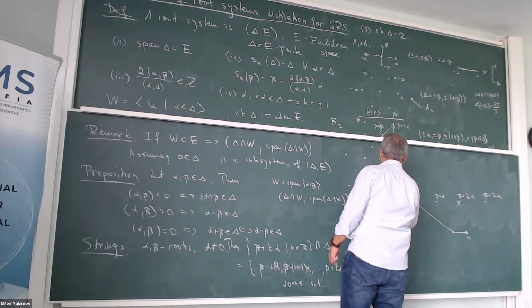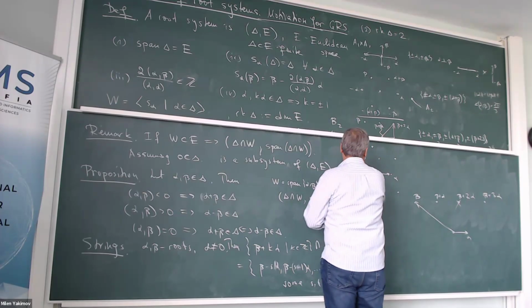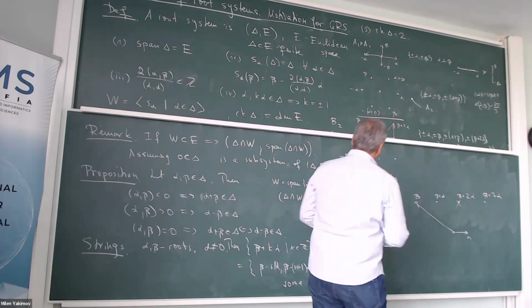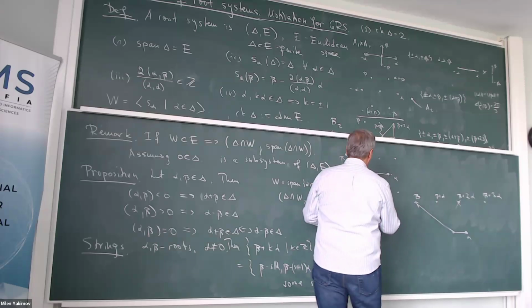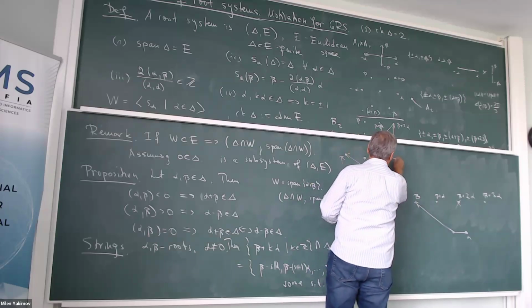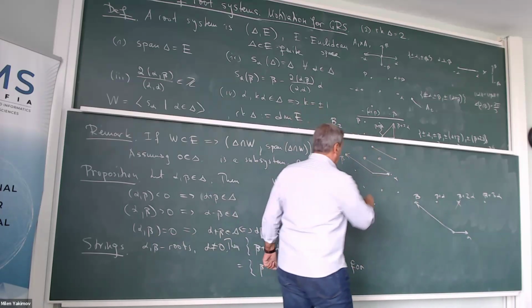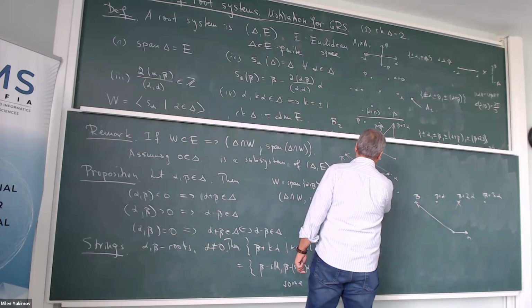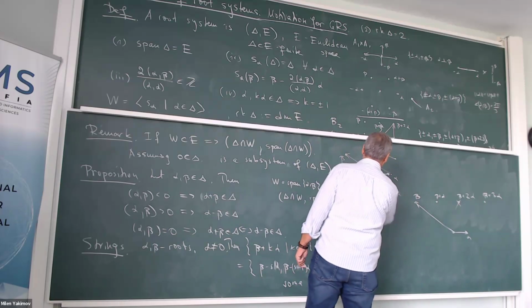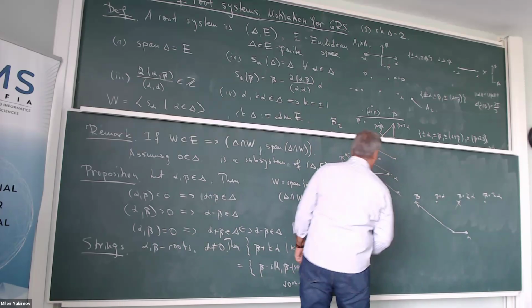So this is my alpha, this is my beta. I see that, for example, this is a beta string, this is a beta string, this alone is a beta string. And again, this is a beta string here, here, and here.